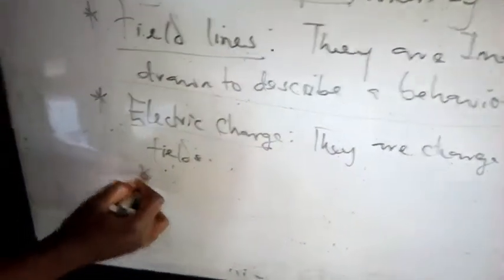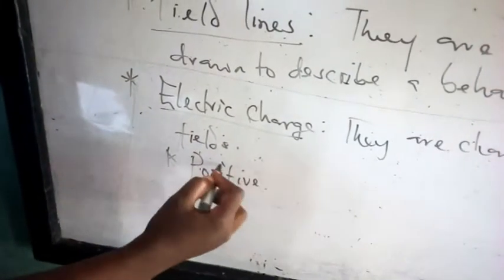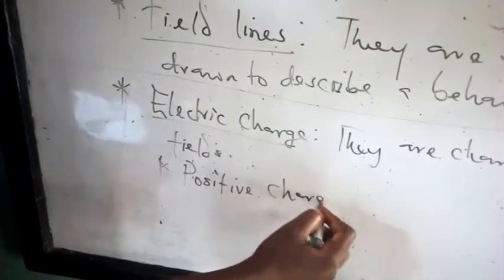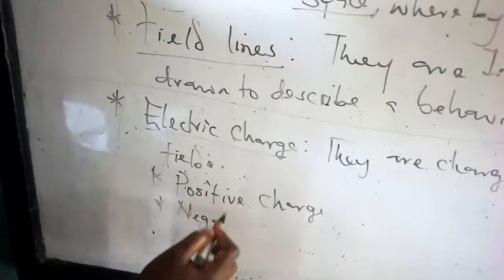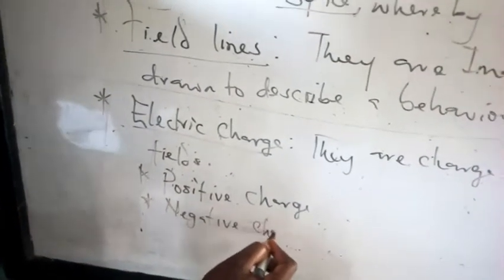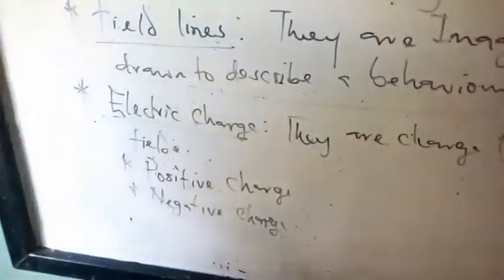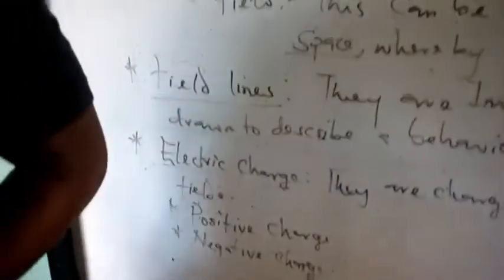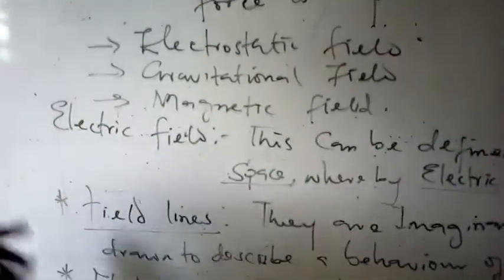And we have two types of charge. We have the positive charge and the negative charge. Now let's take it one after the other.